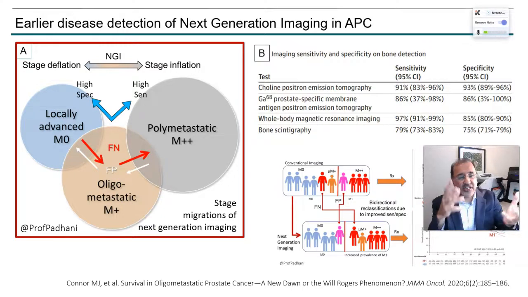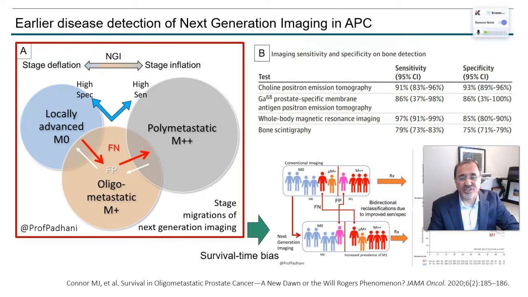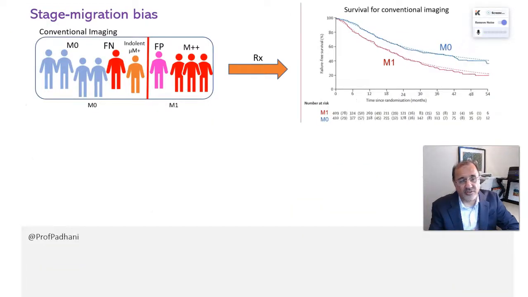So higher sensitivity and higher specificity will move different patients into different groupings, and this results in a survival time bias. And let me just explain that to you now. So let's say you have conventional imaging and you divide patients with metastatic disease and non-metastatic disease, and you can see their survival times on the right-hand side to any particular therapy.